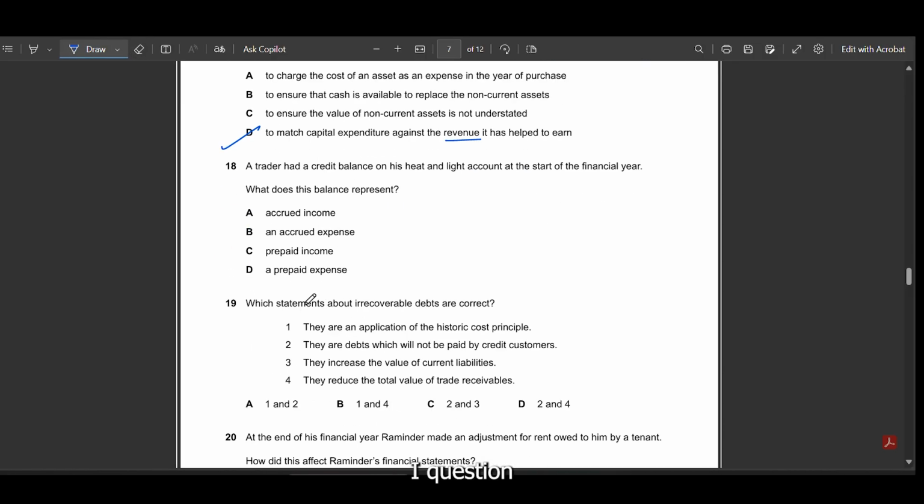Moving ahead, question: a trader had a credit balance in the heat and light account at the start of the financial year. What does this balance represent? Again, a question from accrued other receivables and payables. So the question is, at the start of the year, this heat and lighting had a credit balance.